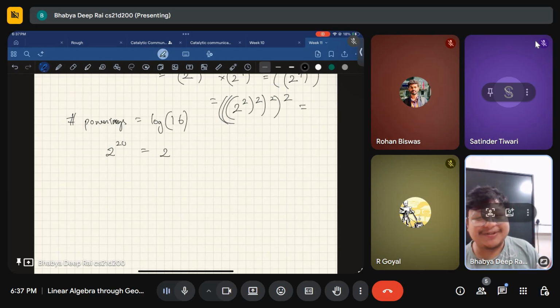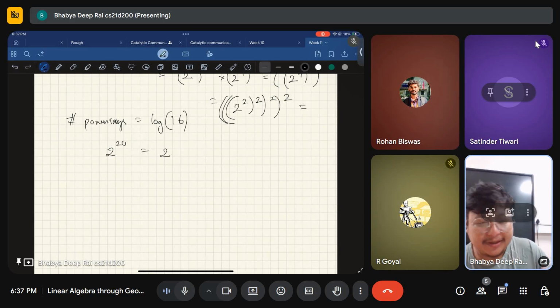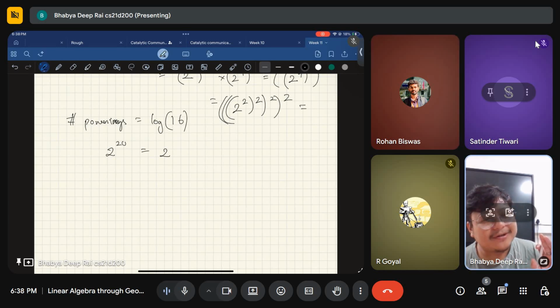Sorry, to measure the number of steps we should be using the ceiling function. Yeah, you'll require the ceiling function, but that is to measure the number of steps, right?